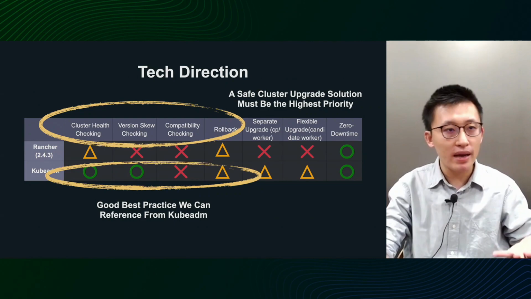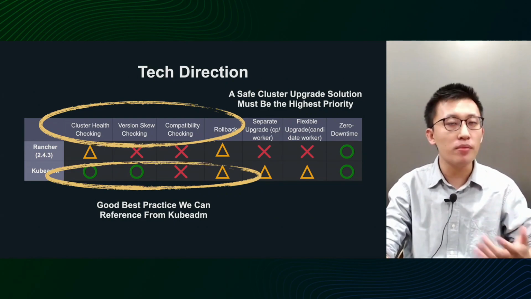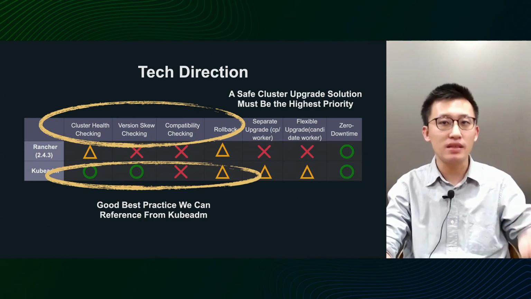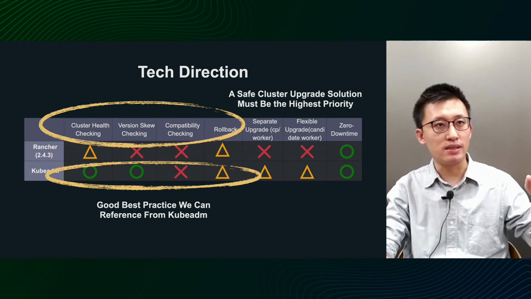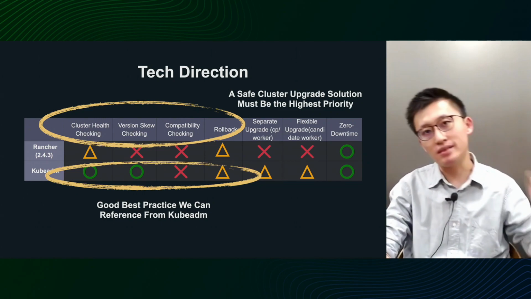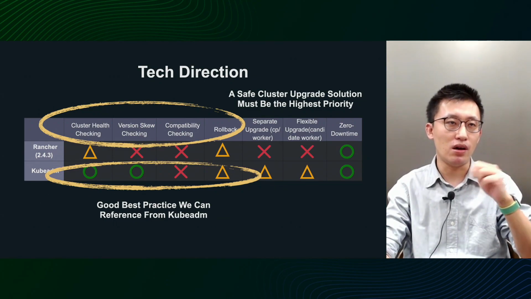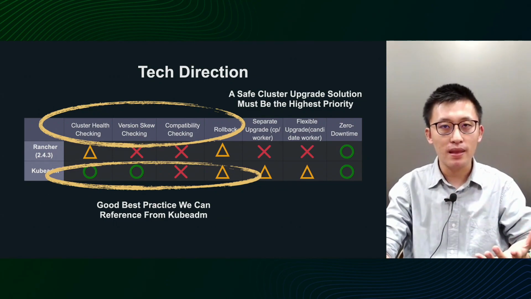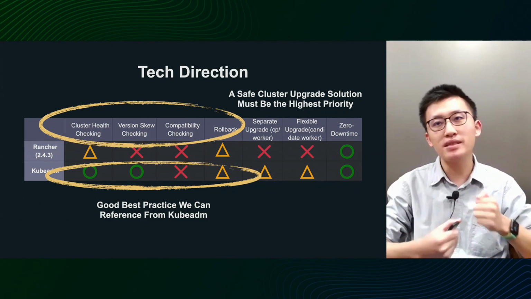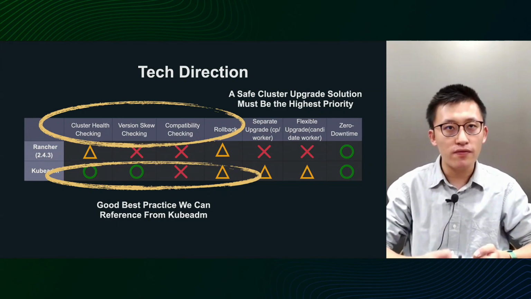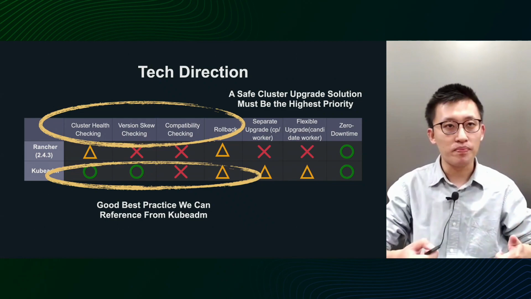Especially for the rollback mechanism, Rancher and Kubeadm have different advantages. Rancher supports the manual rollback, right? But Kubeadm supports the automatic rollback. But we want to have both of them in a single solution, based on the requirement from the LINE developers when we discussed with them.